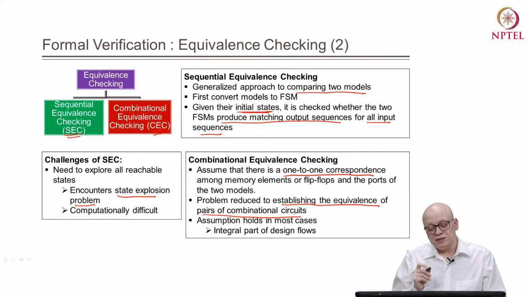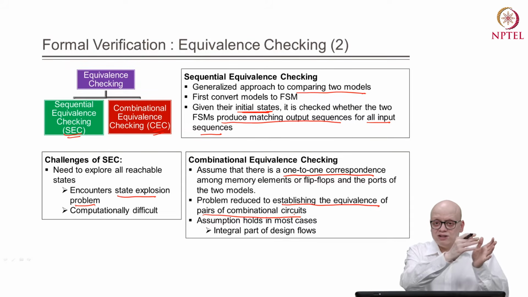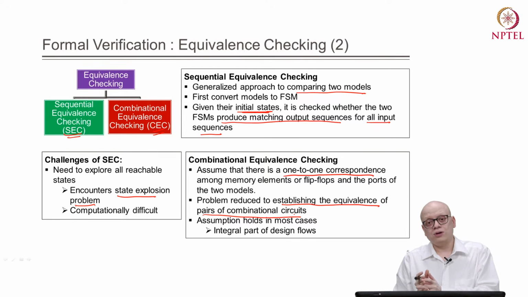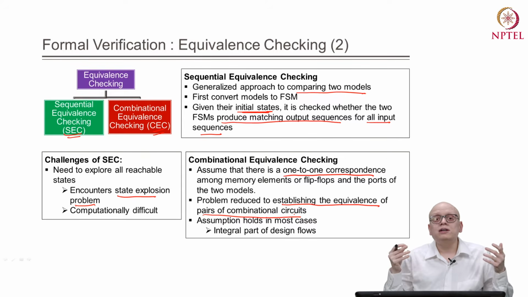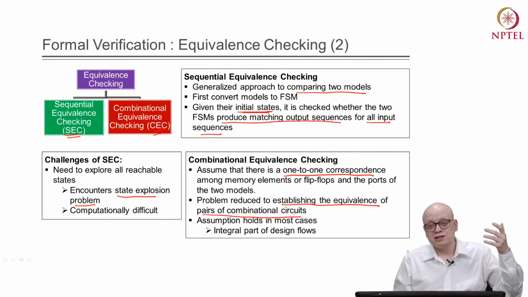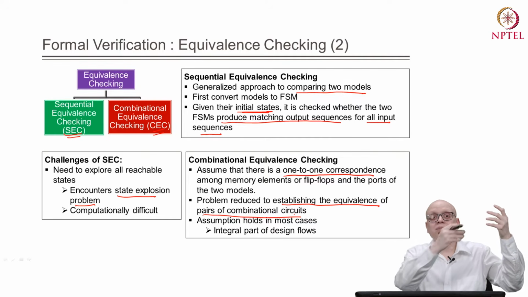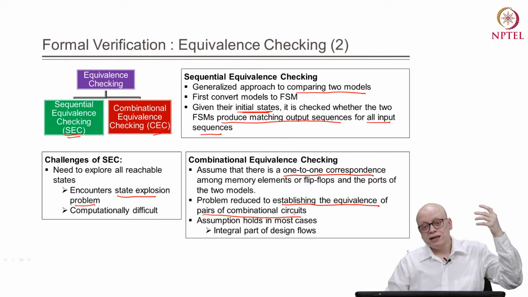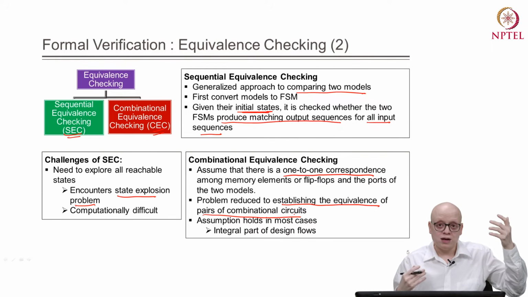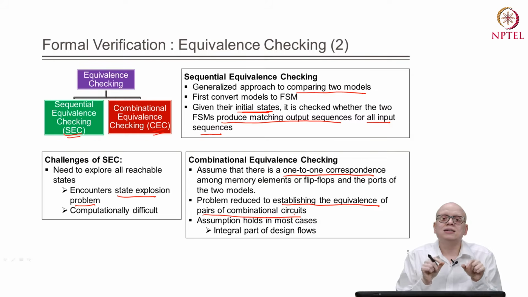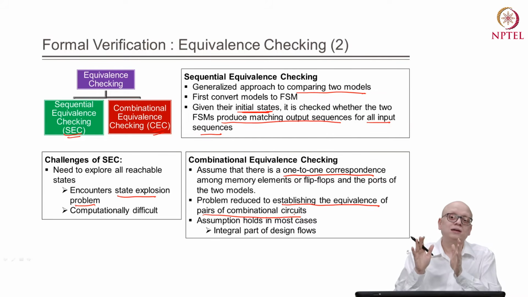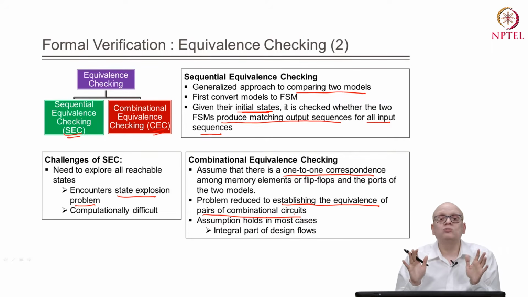Why is it valid? It is valid because as the VLSI design flow is carried out, we typically do not make many changes in the state elements and the ports. The ports that are there at the RTL remain throughout the design flow. There are no major changes in the ports, and also no major changes in the state elements. If we are not doing sequential optimization, the state elements do not change.